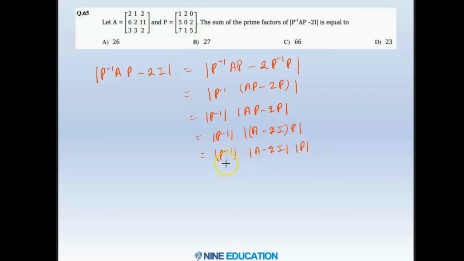minus 2I. So the A minus 2I matrix, if I start to write here, it will be 2 minus 2, 0, then 1, 2, 6, then again 0, then again 11, then 3, 3, and this is also 0. So we can observe this is the A minus 2I matrix, so let's calculate its determinant.